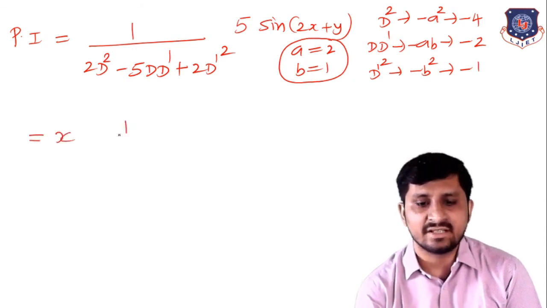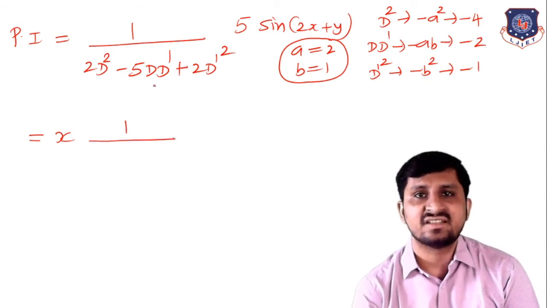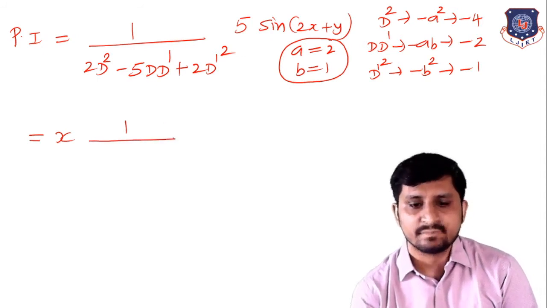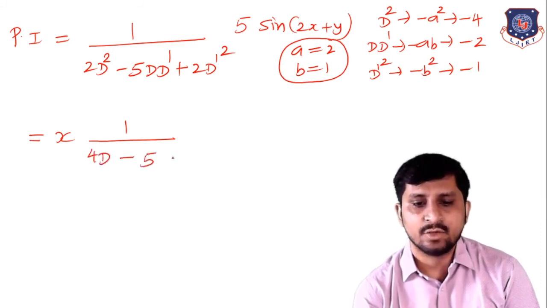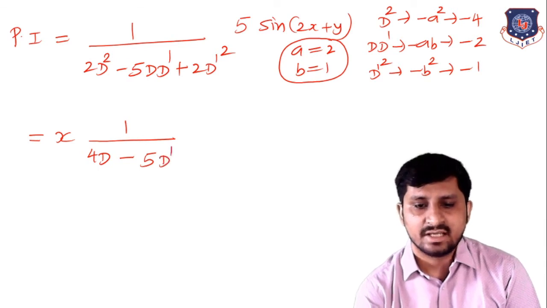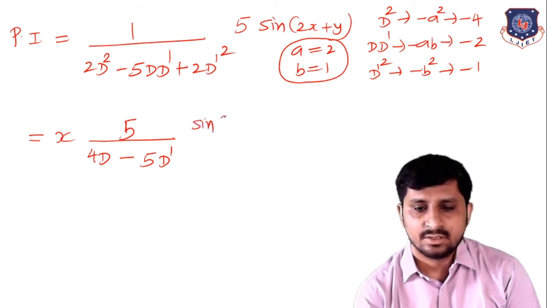Okay, and differentiate this function with respect to D. So that is 4D minus 5 D dash, and 5 is already there on the numerator, so just write down here 5 sin(2x plus y).